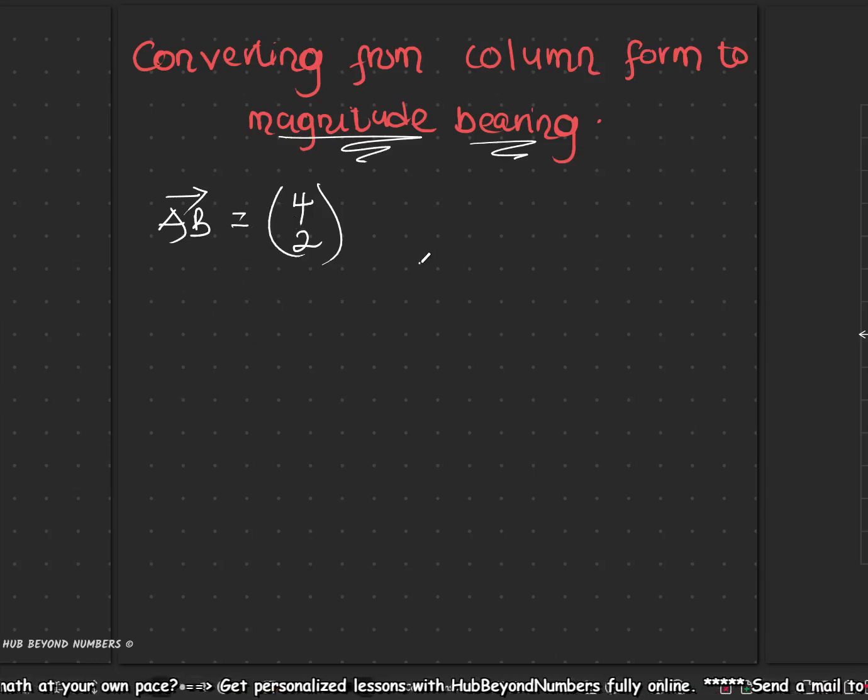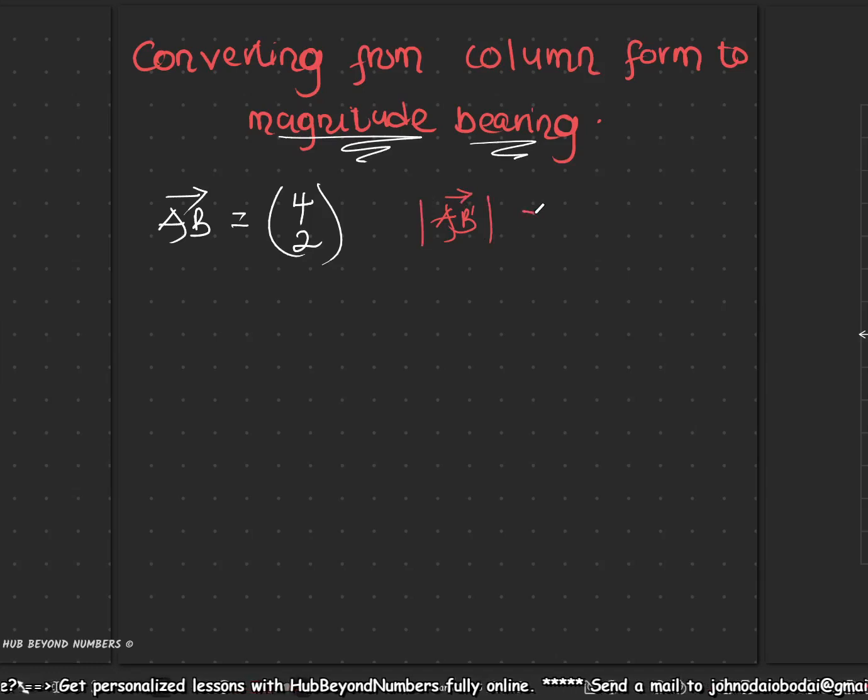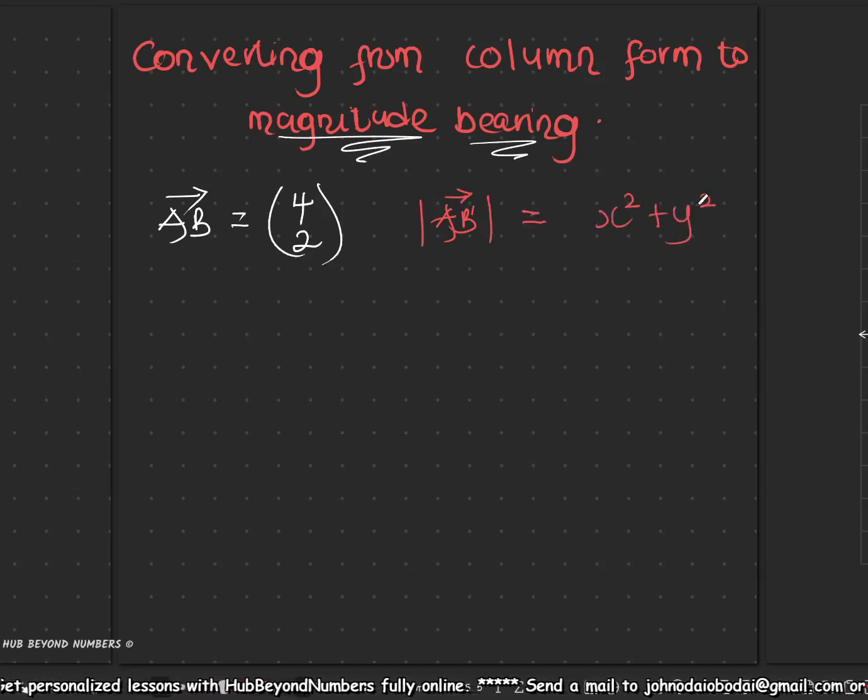The magnitude of a vector, remembering the formula, for AB, the magnitude of AB is going to be x squared plus y squared, and then we find its square root.